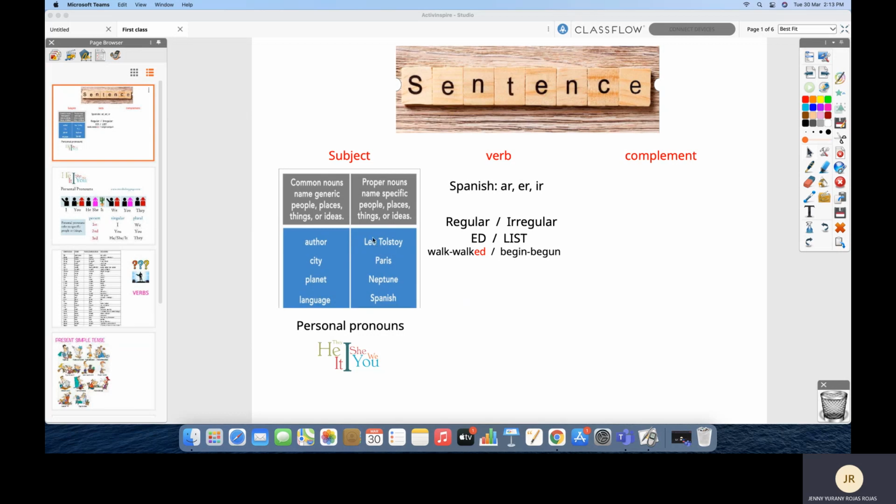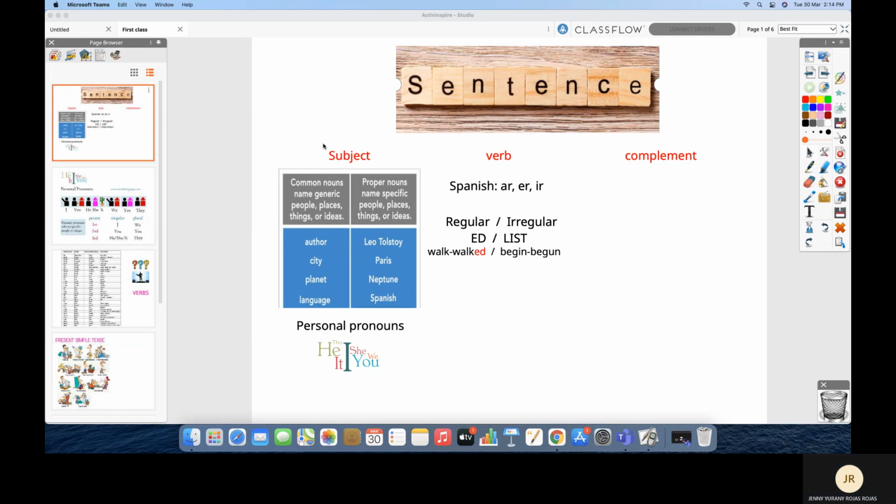Entonces el proper noun es el nombre que se le ha asignado a personas o a lugares o a cosas. We have some examples like Leo Tolstoy, Paris, Neptune, Spanish, ¿sí? Entonces son unos ejemplos que podemos encontrar como nombres propios. Our own names, nuestros nombres propios, for example, Jenny, Martín, the name of a pet, Fito, Toby, and so on. The name of schools, for example, Carlos Albano Holguín, all of them are proper nouns.